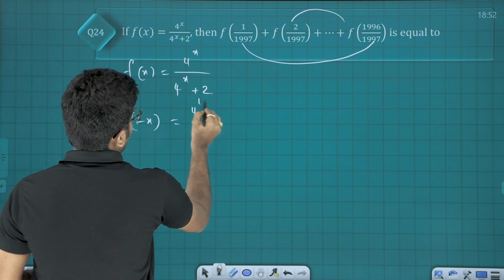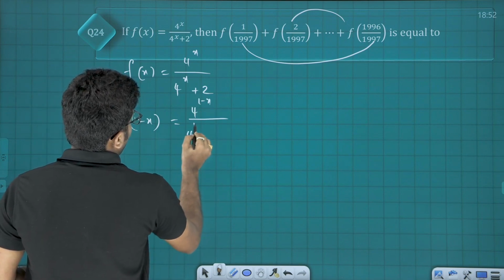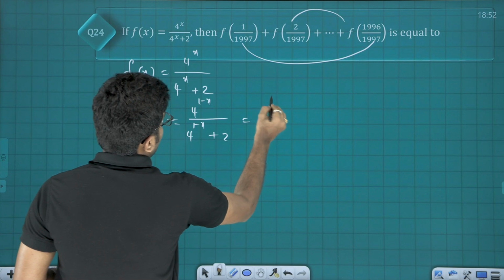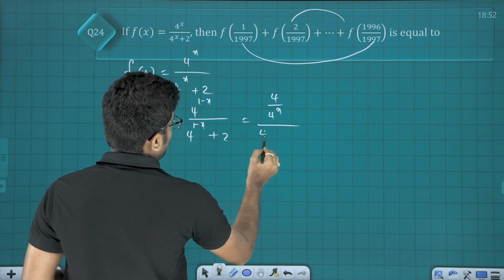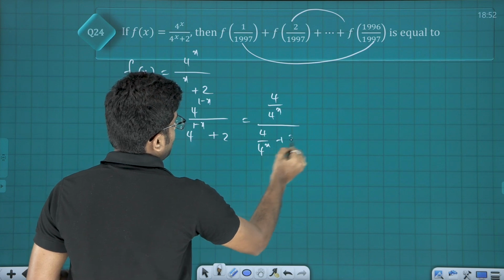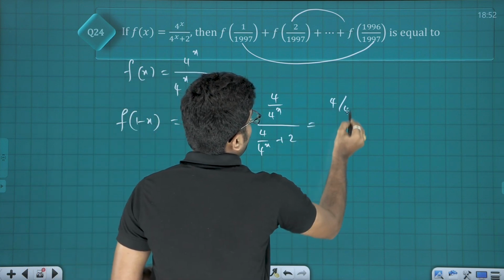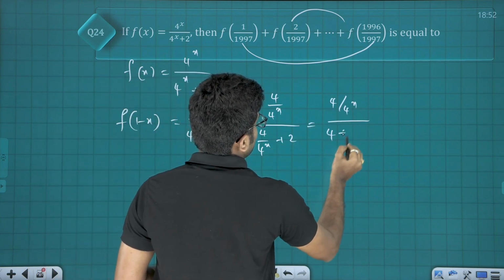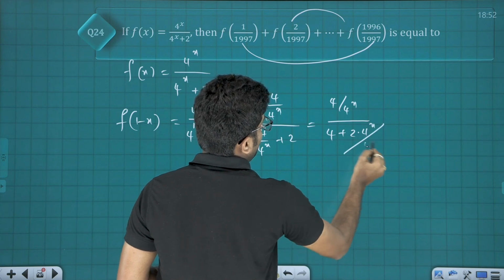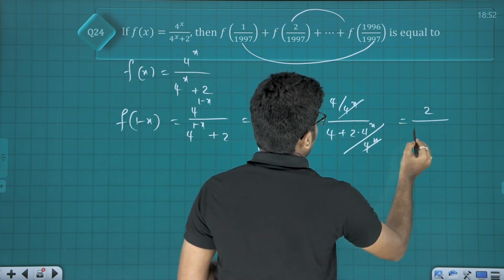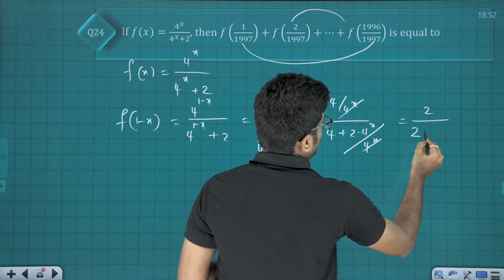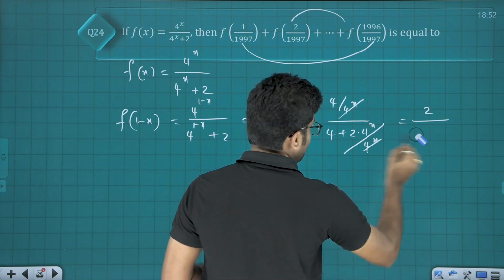So 4 power 1 minus x by 4 power 1 minus x plus 2. 4 power 1 minus x is 4 by 4 power x, so we get 4 by 4 power x divided by 4 by 4 power x plus 2. That is 4 divided by 4 plus 2 into 4 power x. We can take 2 common, so 2 divided by 2 plus 4 power x, that is 4 power x plus 2 only.